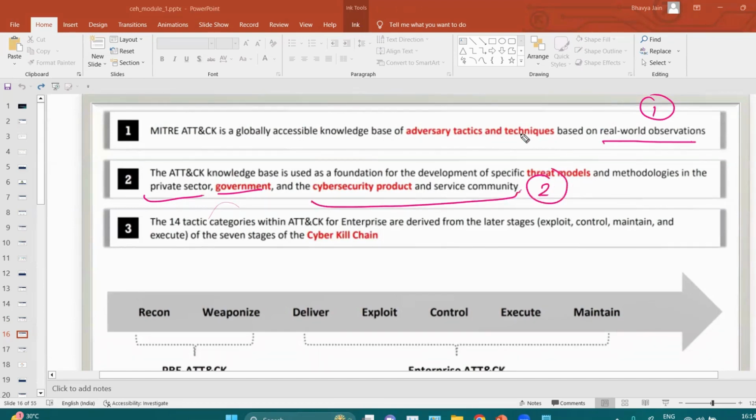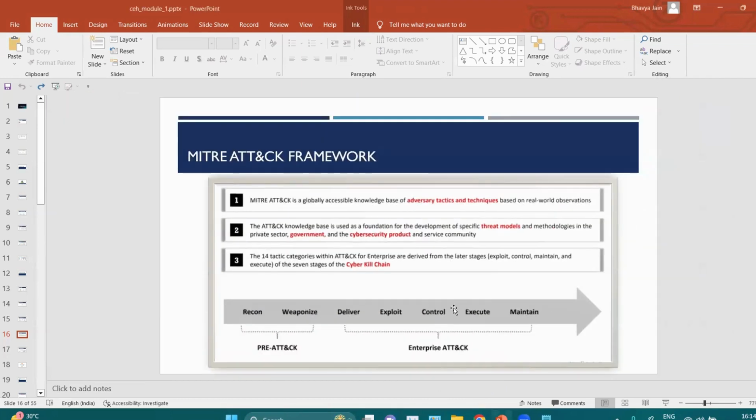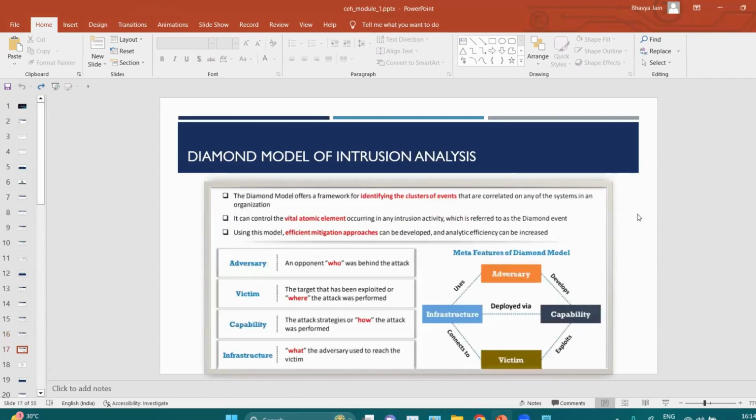Third, it is similar to the cyber kill chain. And fourth, something new is that we have divided this methodology into two parts, which are pre-attack and enterprise attack. Okay, so this is about the MITRE ATT&CK framework. Is it clear this much? Yes. Okay.